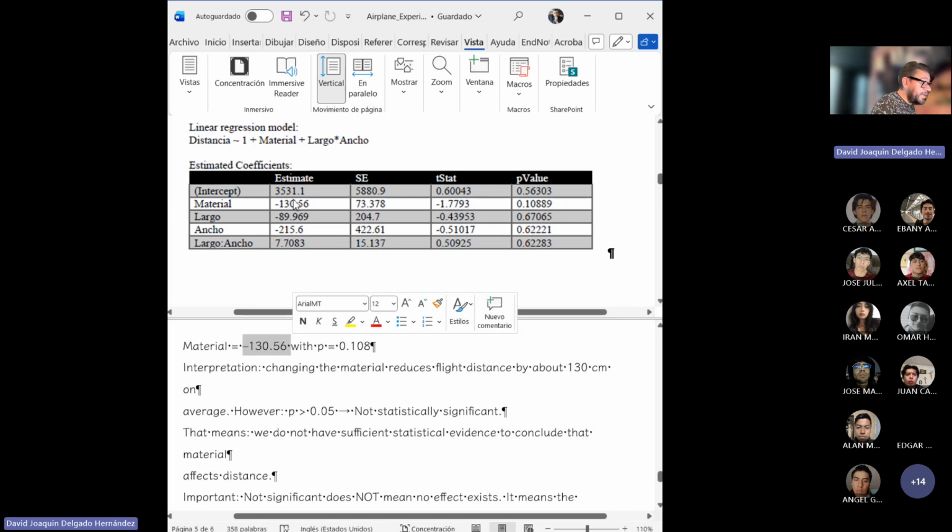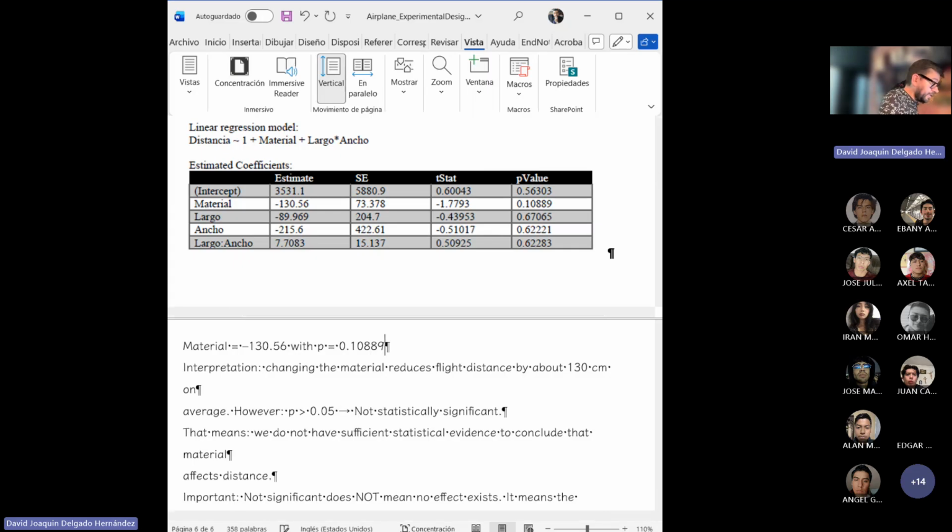You can see it here. And the p-value, the probability, is 0.10889. Okay, perfect.